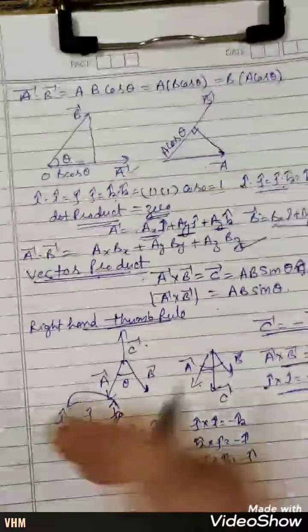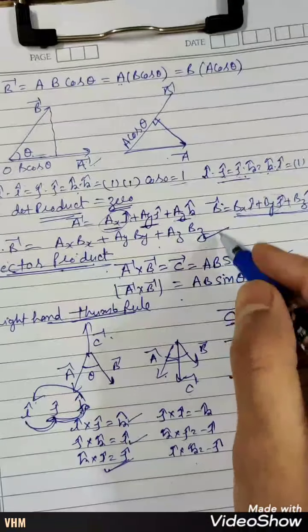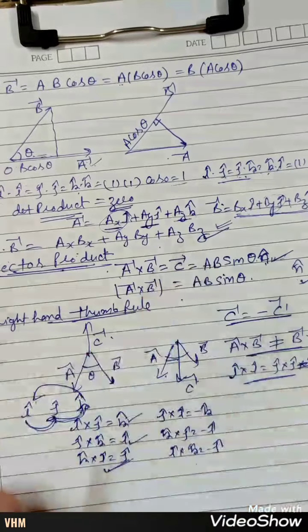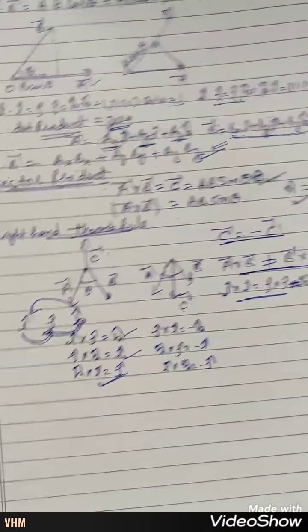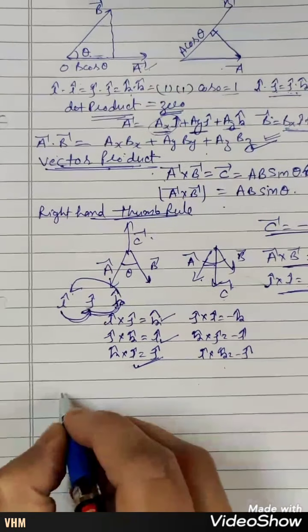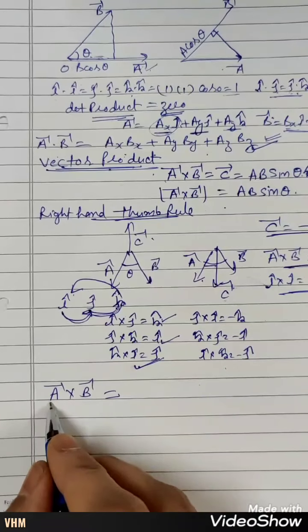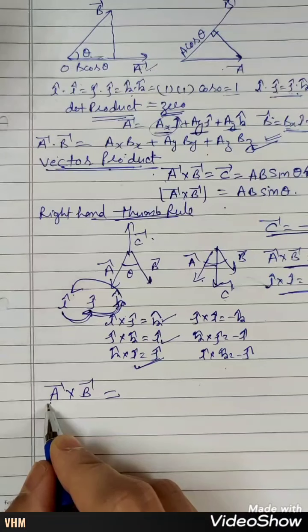Now, by this method we find the dot product, and this dot product gives the scalar quantity. Now how do we calculate the cross product of these two? For finding the cross product, what do we write? a cross b. Keep in mind which vector is considered first, that is written first.